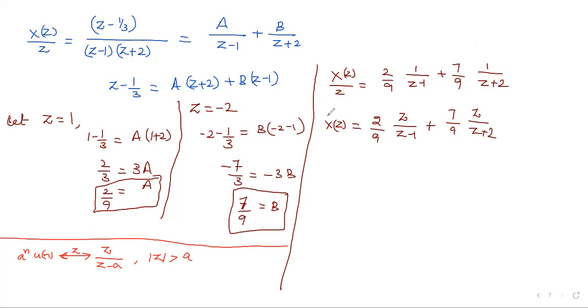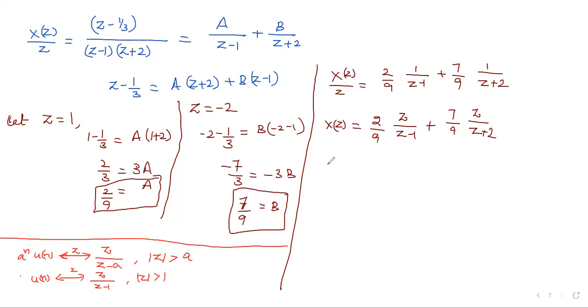What does it mean? You need to find 1 power n u of n, that is u of n. The Z transform is Z by Z minus 1, mod Z is greater than 1.